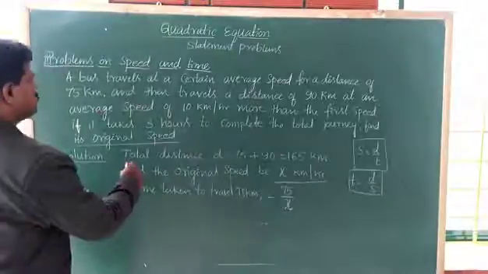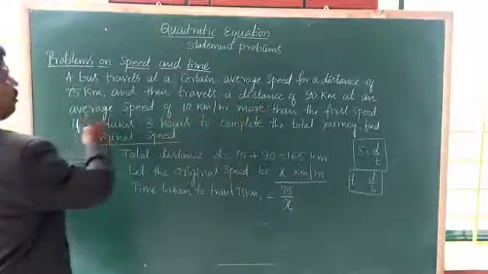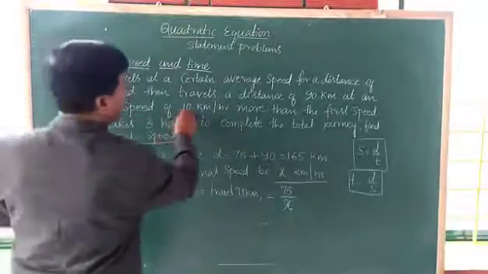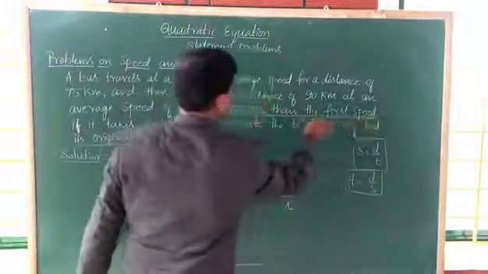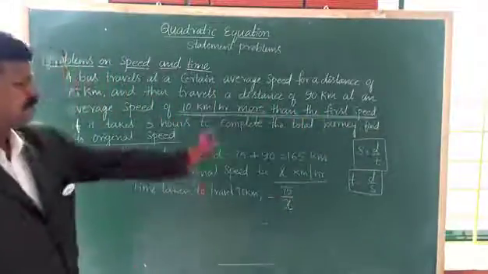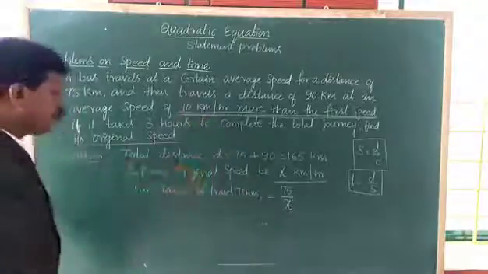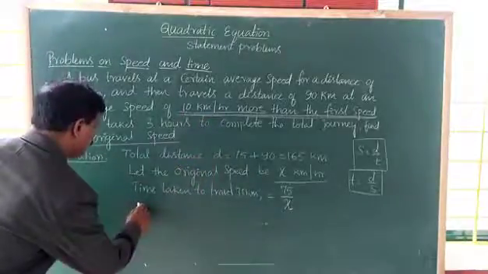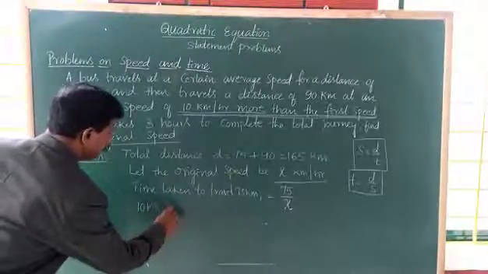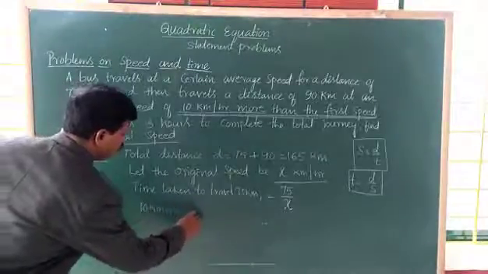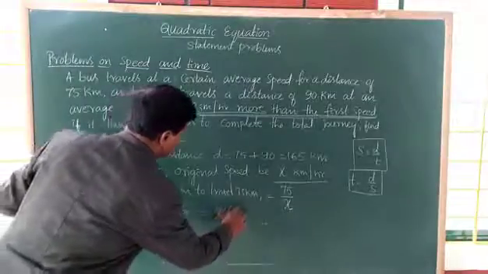Now second one, the distance of 90 km at an average speed of 10 km per hour more than the first speed. Here the first speed is x, we have taken. So 10 km more is x plus 10.